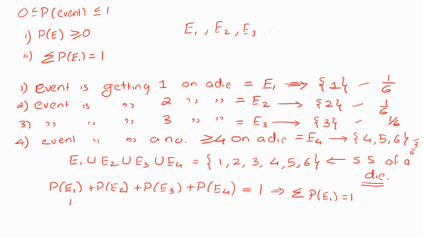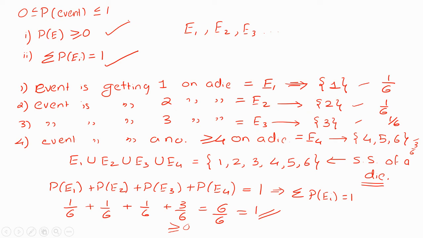So if I check this, it is 1 by 6 plus 1 by 6 plus 1 by 6 plus 3 by 6. This comes out to be 6 by 6, that is 1. So this is satisfied, and the probability of each of the events is greater than or equal to 0, therefore this is also satisfied.